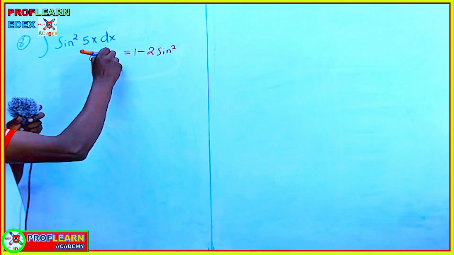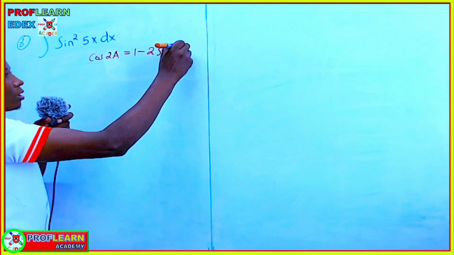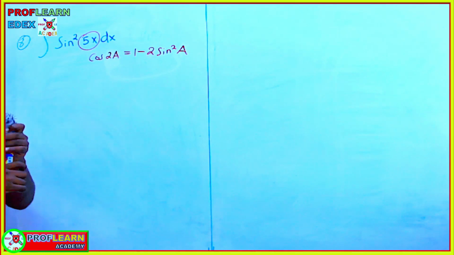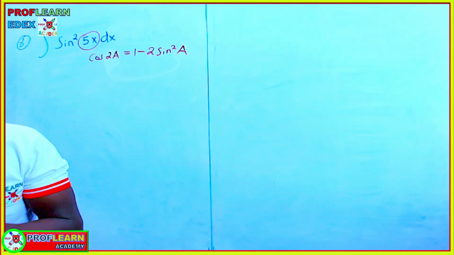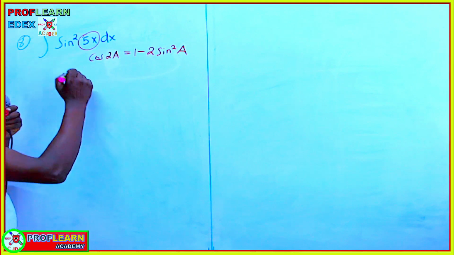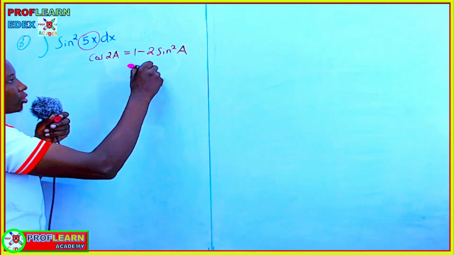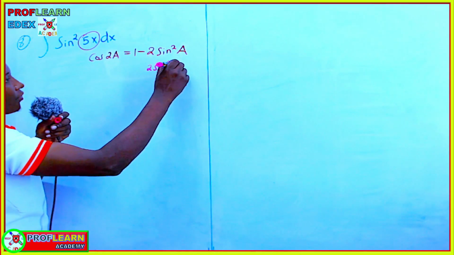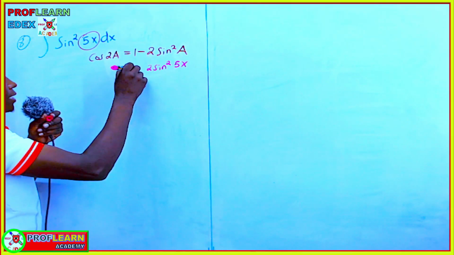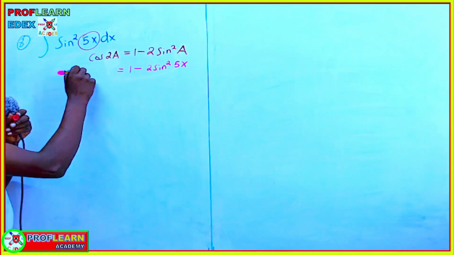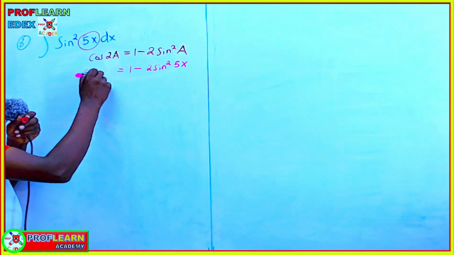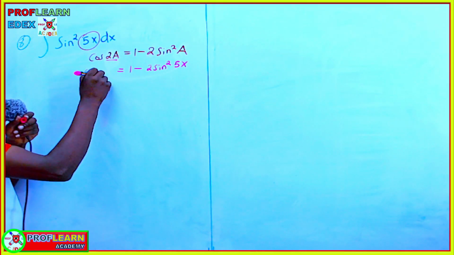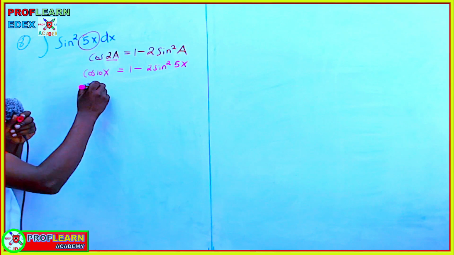That's going to be cos 2a equals 1 minus 2 sine squared a, but our a in this case is going to be 5x. So if we bring this sine squared here, we are going to say 2 sine squared 5x, 1 minus that is equal to cos 2a, so 2 times 5, that's going to be 10x, right, like that.